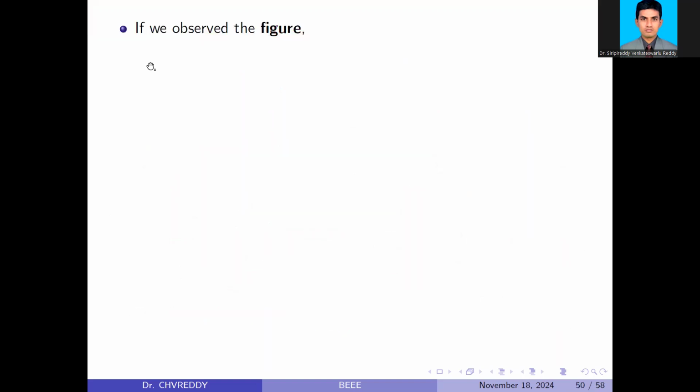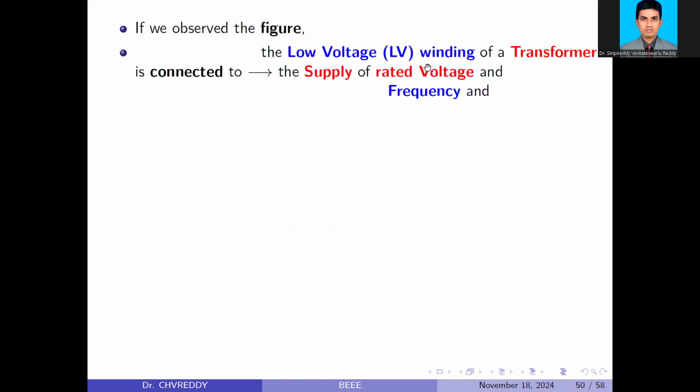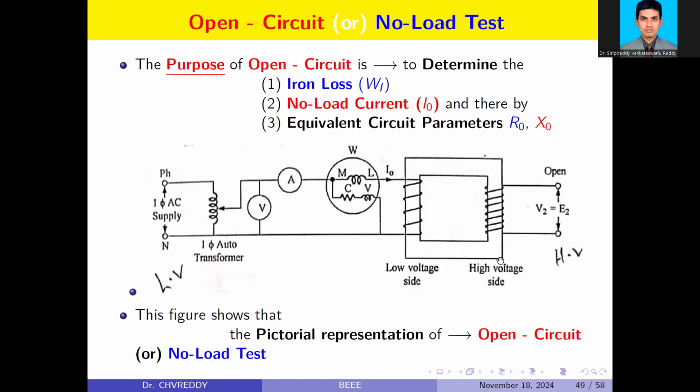From the figure, we observe that the low voltage winding of the transformer is connected to the supply of rated voltage and frequency. This transformer has two windings: one is the low voltage winding and the second is the high voltage winding.